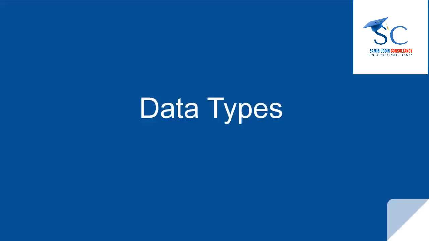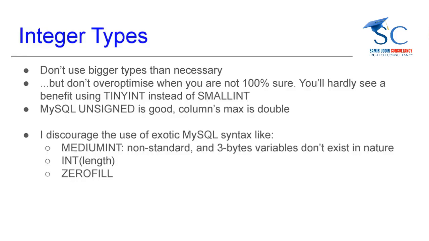Let's move on. Let's talk about data types. The first family of data types is obviously integers. Some rules: don't use bigger types than necessary.